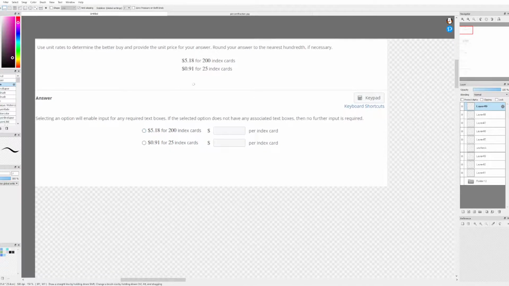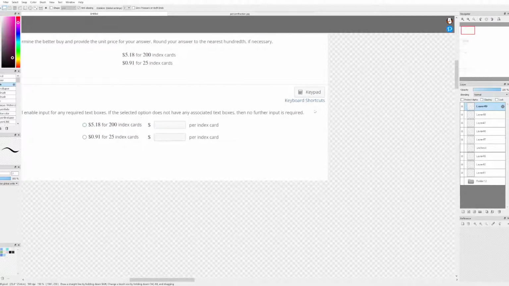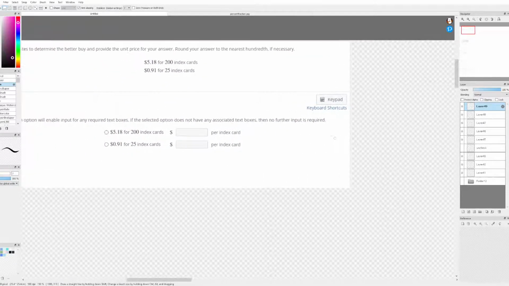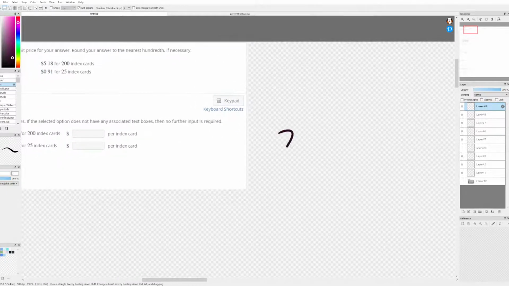This is saying use unit rates to determine the better buy and provide the unit price for your answer. Round your answer to the nearest hundredth if necessary. So we want the unit price, per index card. So we want to put index card on the bottom, 200, and then 518 on the top.